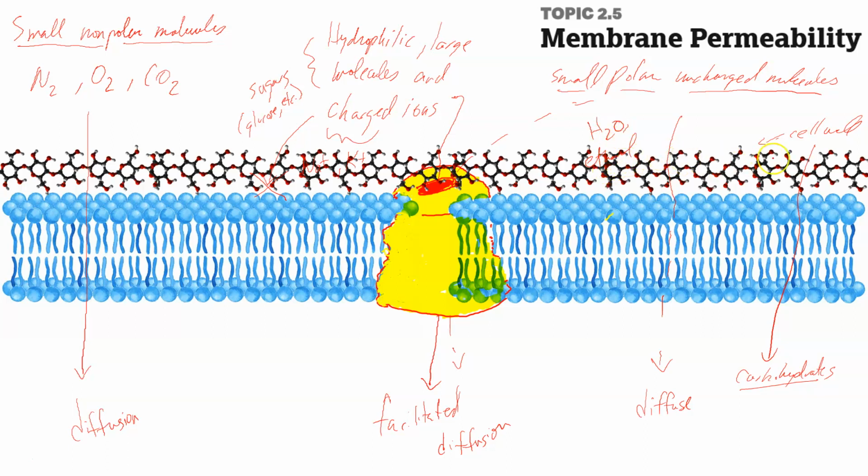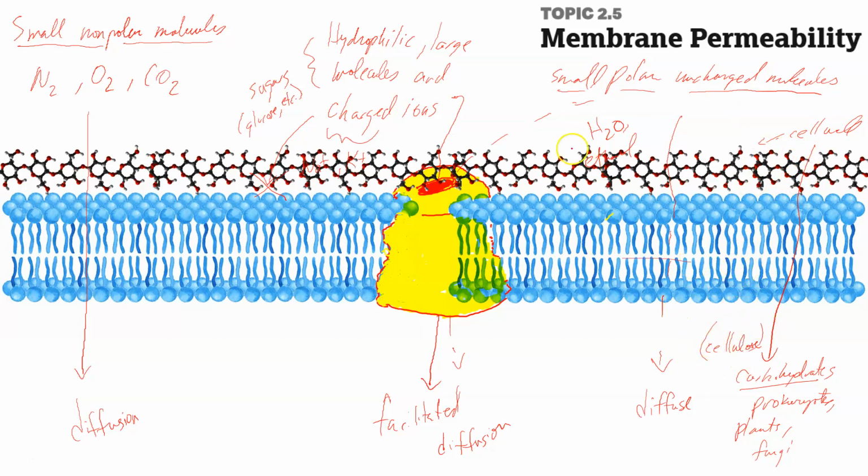You're going to find a cell wall in different types of organisms. You'll find them in prokaryotes, in plants, and in fungi. Of course, in plants, the name of this is cellulose.